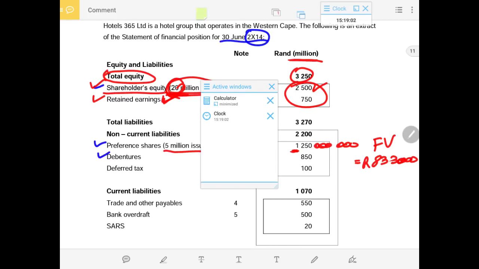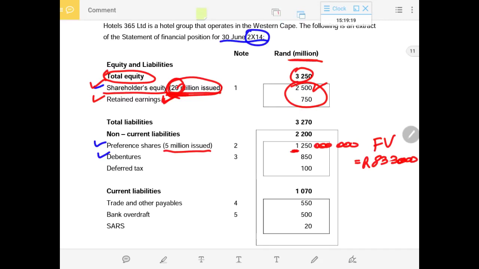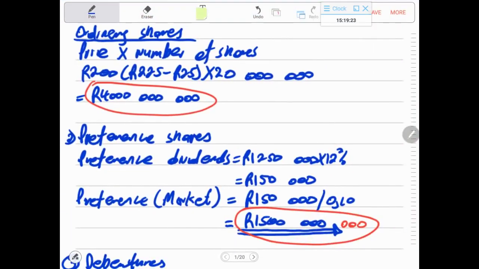If we do that, it will be 1,250 million, and we multiply this by 12%, which means it could have been 1,500 million. Then our capital was supposed to be 1,500 million. When we divide that 1,500 million by 10%, it will give us the figure that we have. Apologies for the inconvenience.